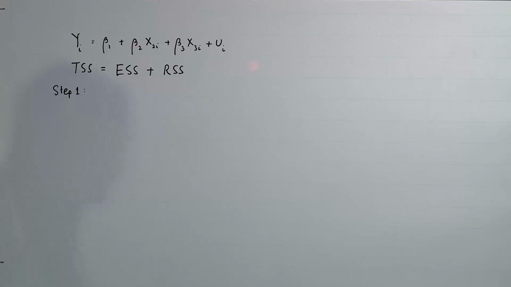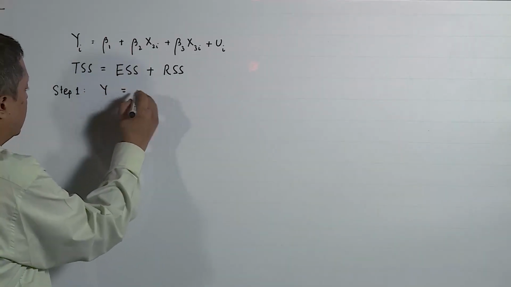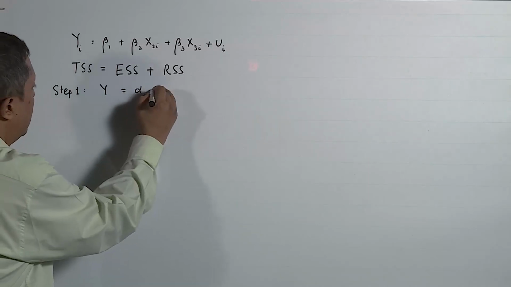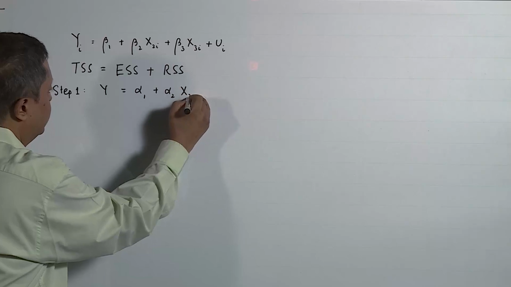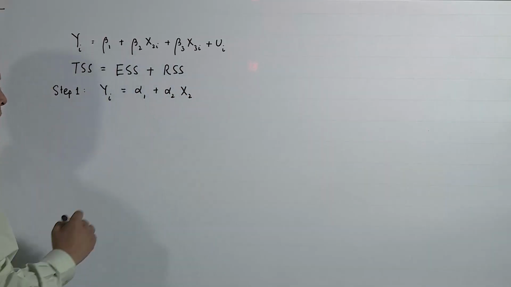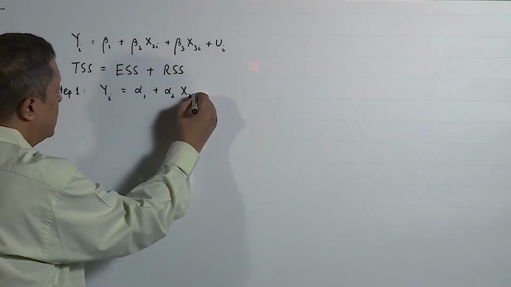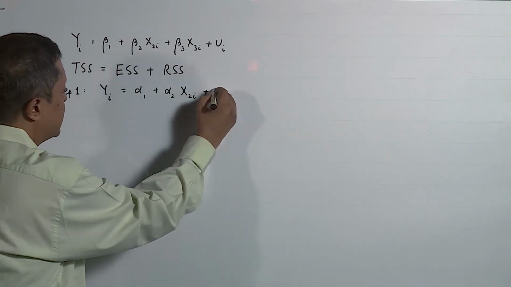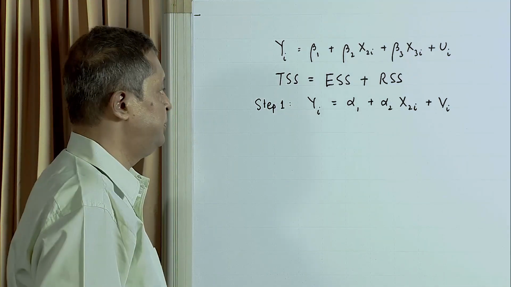what we do is regress y on simply one of the 2 explanatory variables, say x2. So, we write y_i = alpha 1 + alpha 2 x_2i + v_i, where v_i is the random disturbance term.